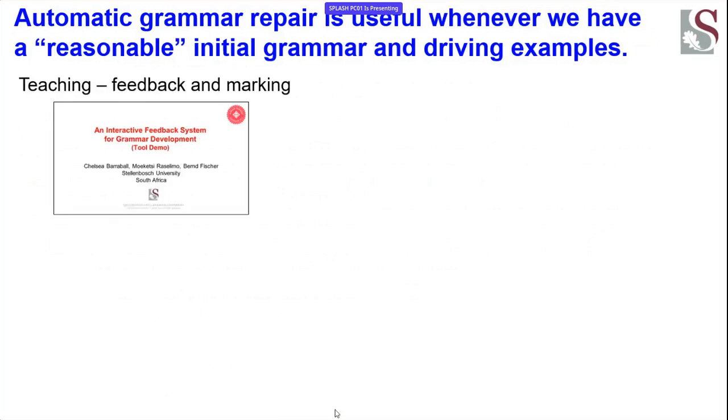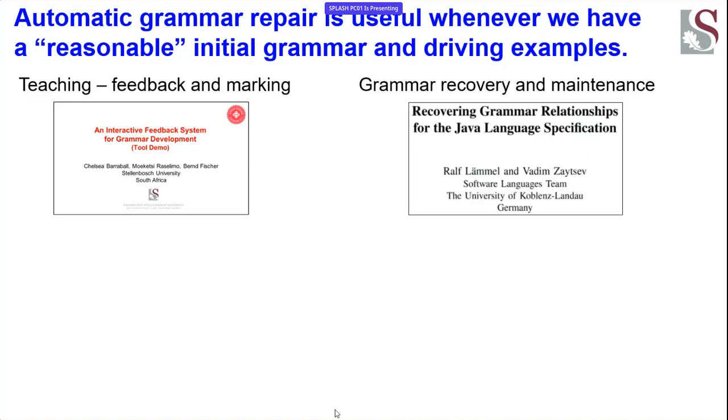So one example where this is usable is, for instance, in teaching. We've built a feedback system that automatically provides hints to students. We can build these repairs into the system to provide additional hints, basically automating student assistance in the process of grammar development. We can use this for grammar recovery and maintenance.